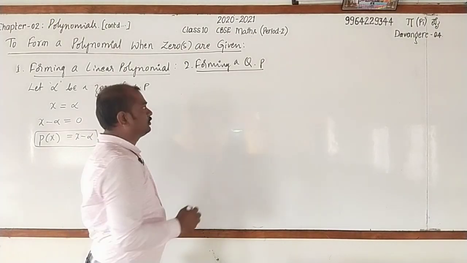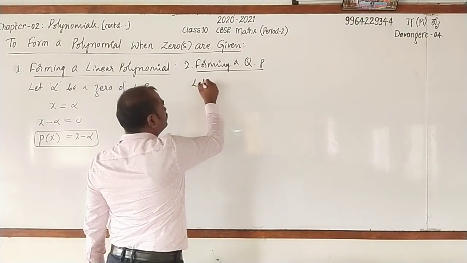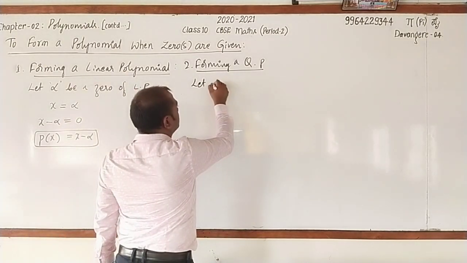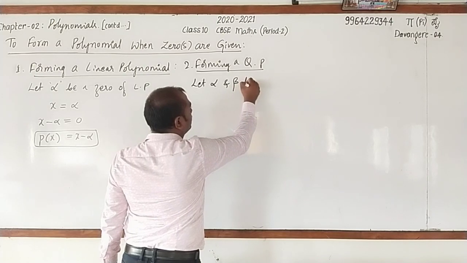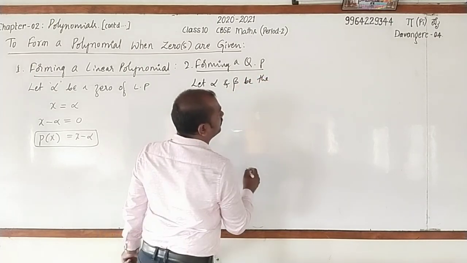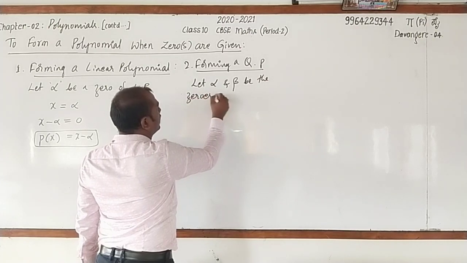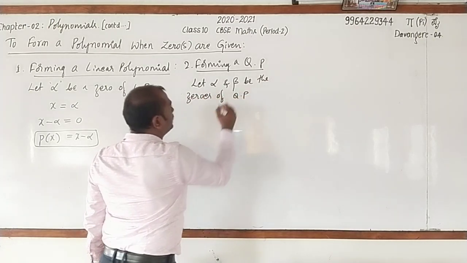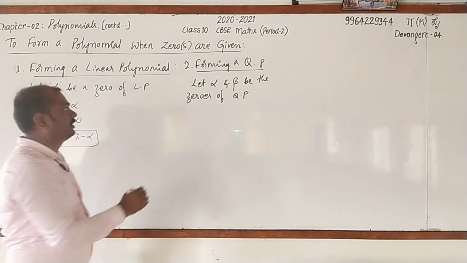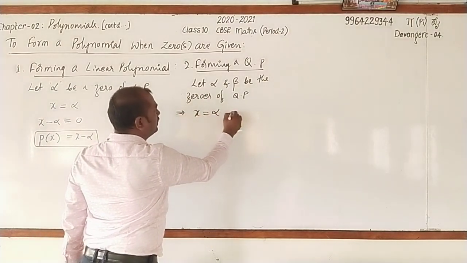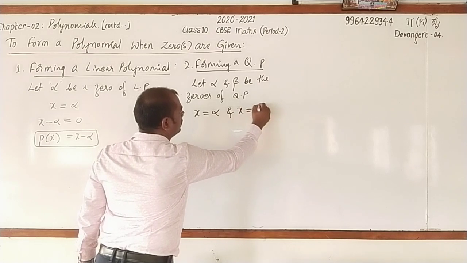There are 2 zeros. I am going to assume those zeros as alpha and beta. Let alpha and beta be the zeros of the quadratic polynomial. Then I can take x equal to alpha and x equal to beta.